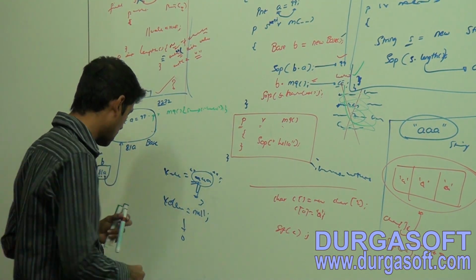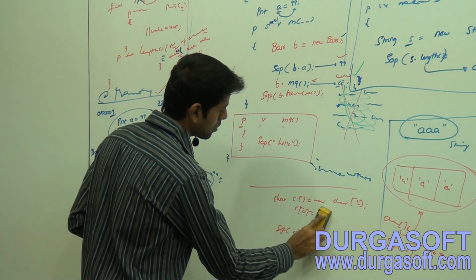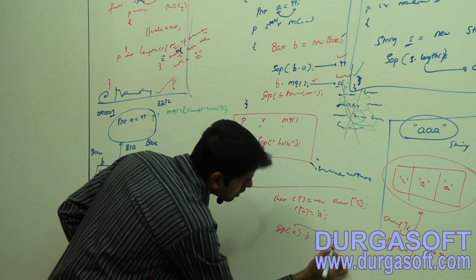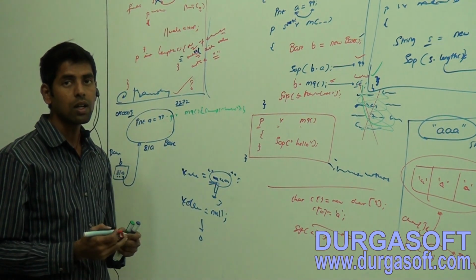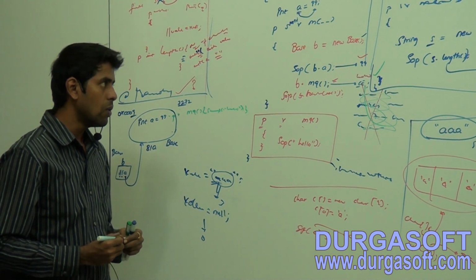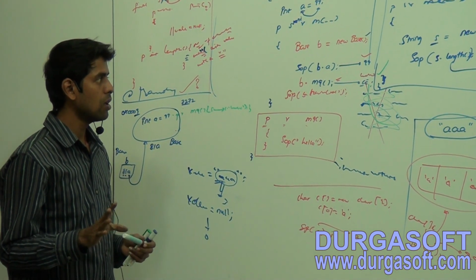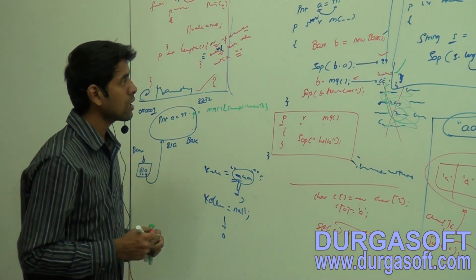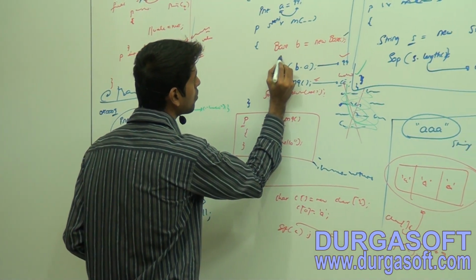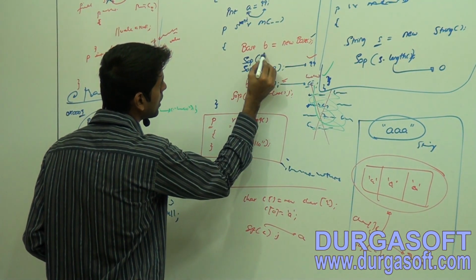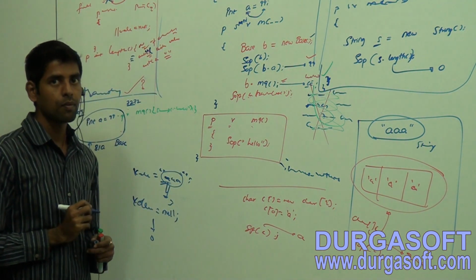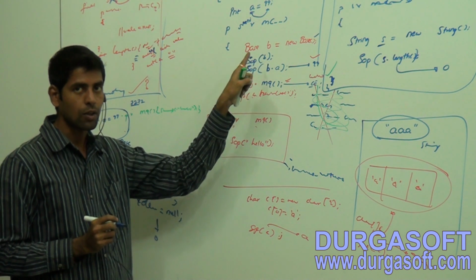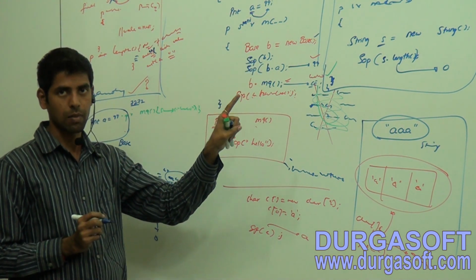You will get the output A. Now one small thing, observe here. If I pass SOP of b, this b I am passing as an argument to the println statement.